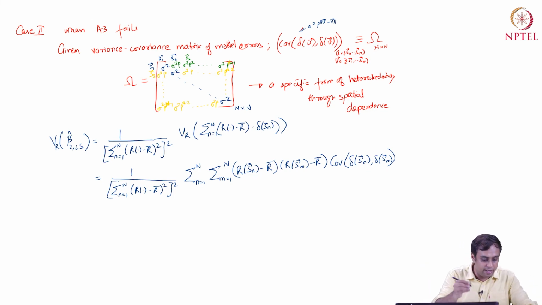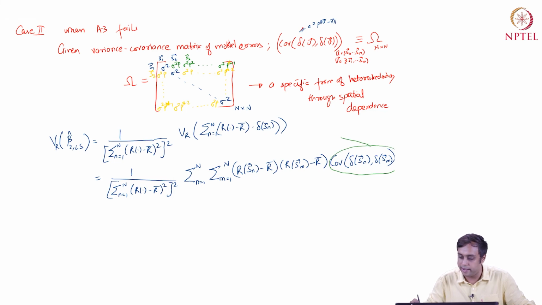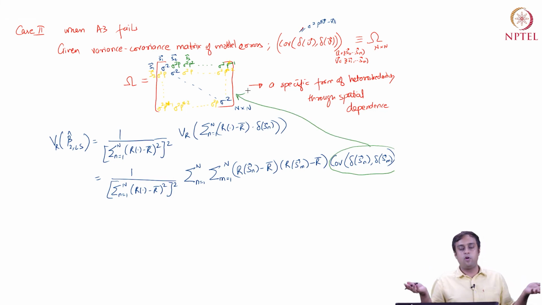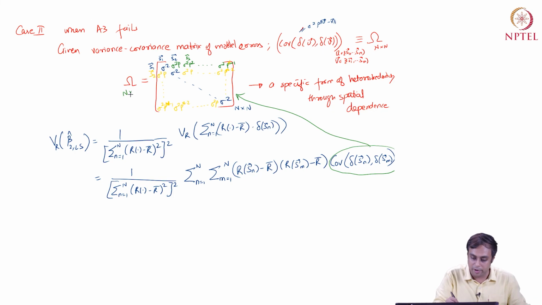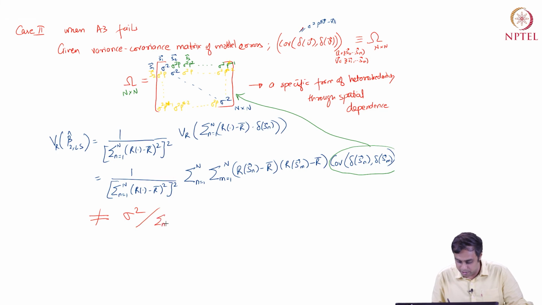Of course, these covariance terms will be directly sourced from the omega matrix, which is my N by N matrix of the variance and covariance terms. But this is no longer equal to the minimum variance form, which is 1 over the summation n equals 1 to N of (r minus r bar) the whole squared.